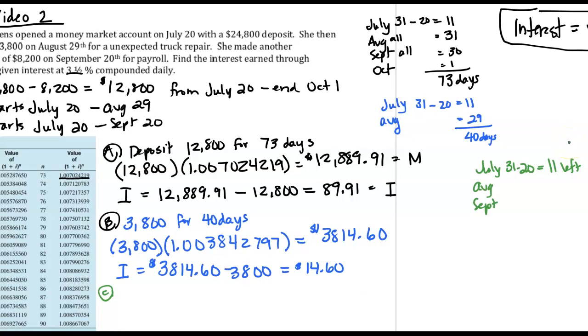In August, we're going to use all 31 days. And in September, it says it ends on September 20th, so we're going to use the first 20 days. And adding this up, I get 62 days. And that one's section C.